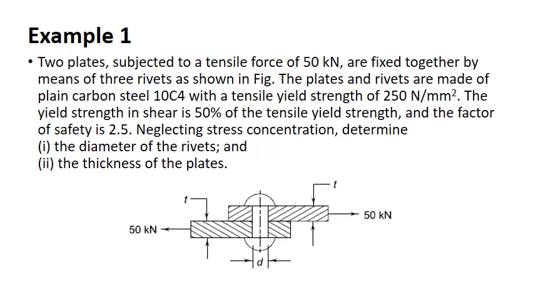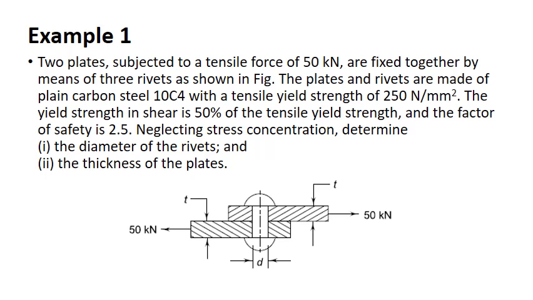But there are certain conditions imposed here. Both the plates and the rivets are made of the same material. When I subject the plate to 50 kilonewton, the shear stress in the rivet must not exceed 50% of the tensile yield strength.